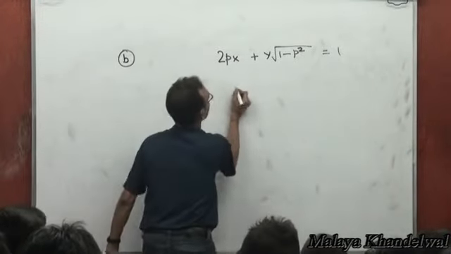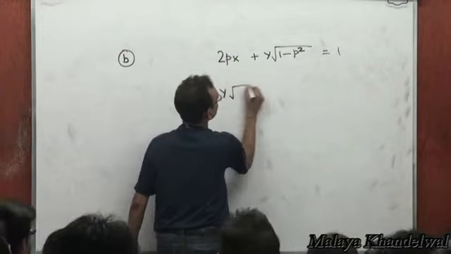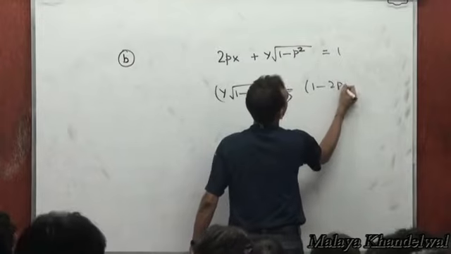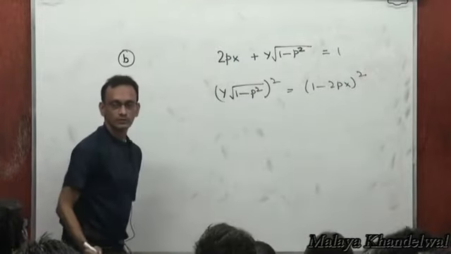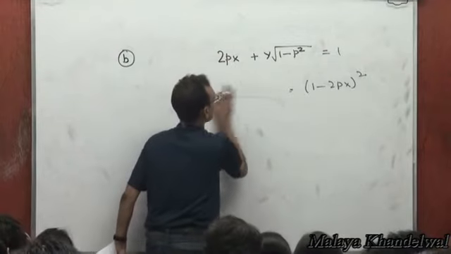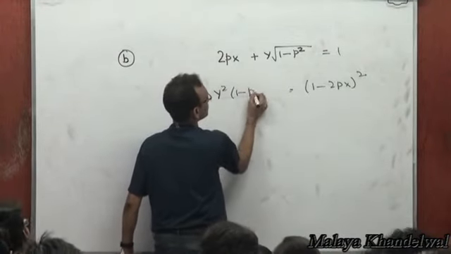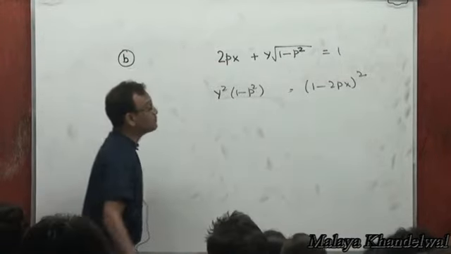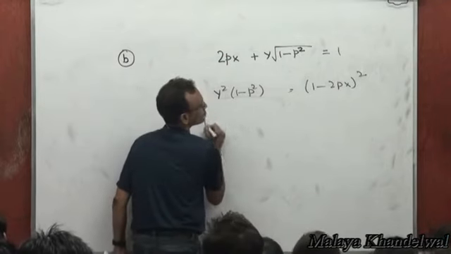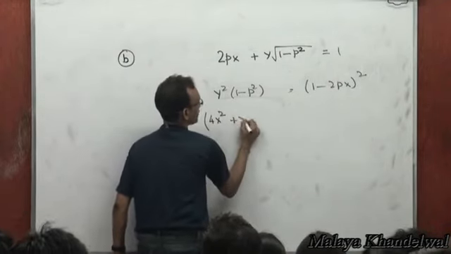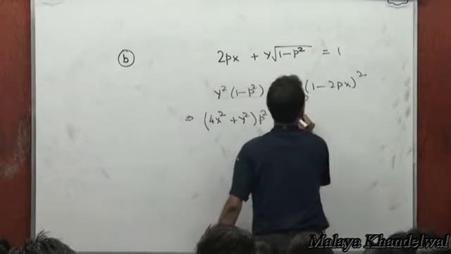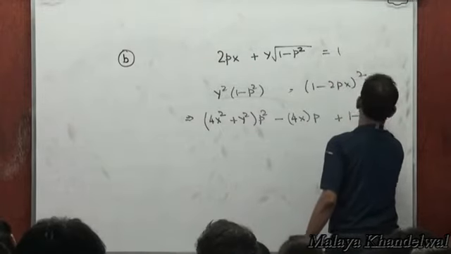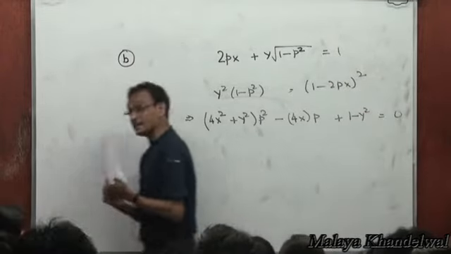Right, very good. So what you could do is (y root 1 minus p squared) whole squared is (1 minus 2px) whole squared, right? So this is y squared into (1 minus p squared), which would give me a quadratic in p. So then I have (4x squared plus y squared) p squared minus 4x into p plus (1 minus y squared) equal to 0, which is a quadratic in the parameter p.